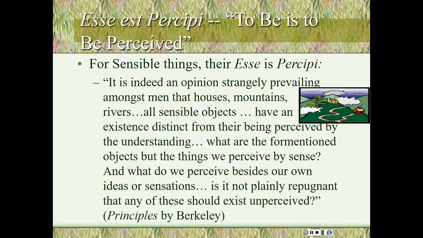But he goes on to say, but what are the aforementioned objects but the things we perceive by sense? And now here's where he adopts the view that Locke also has. And what do we perceive by sense but our own ideas or sensations? And is it not plainly repugnant that any of these should exist unperceived? I'm going to come back to this claim in just a couple of minutes.